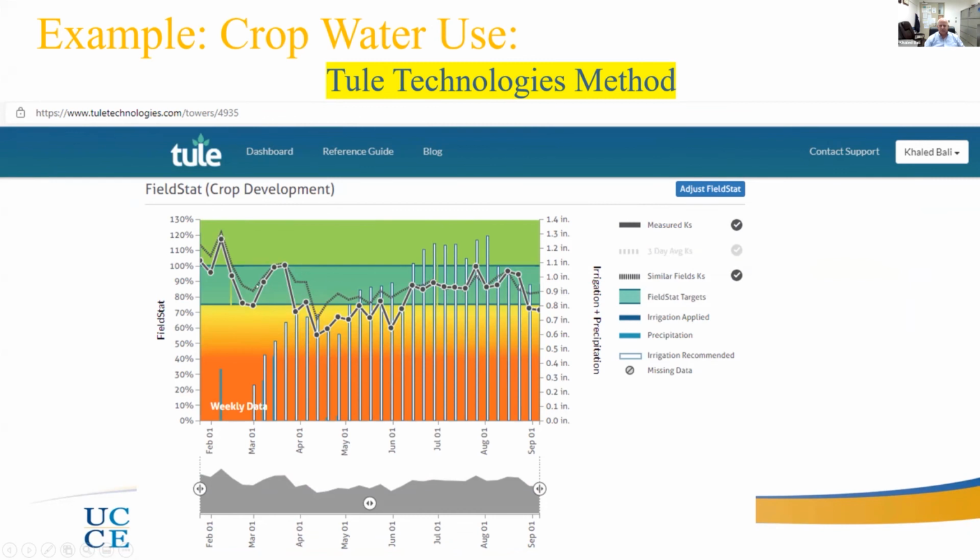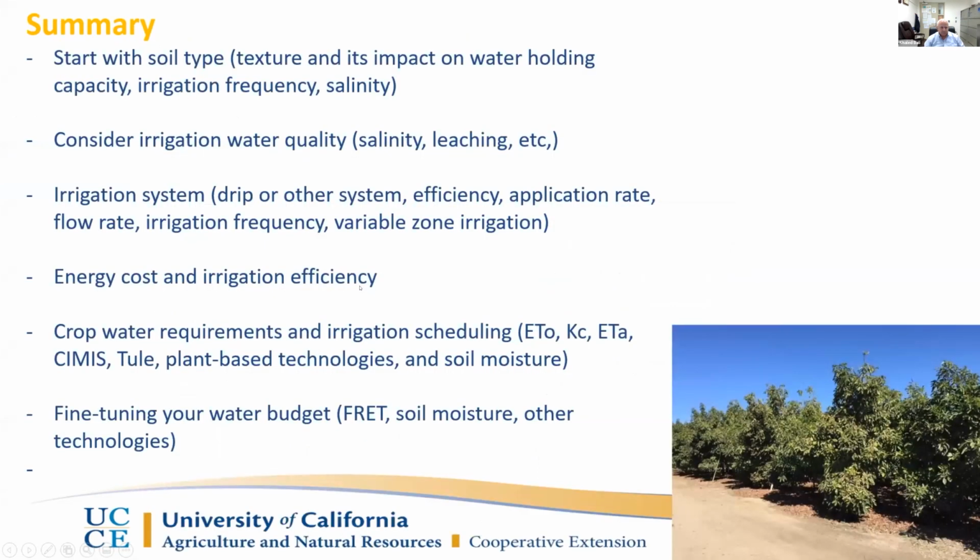This is for citrus. My irrigation management has been really good for most of the season. And I'm not stressing my trees. I'm not over irrigating. Maybe here early on, I did over irrigation, so you could see I'm just wasting a little bit of water, but most of the time I'm just doing good with irrigation management.